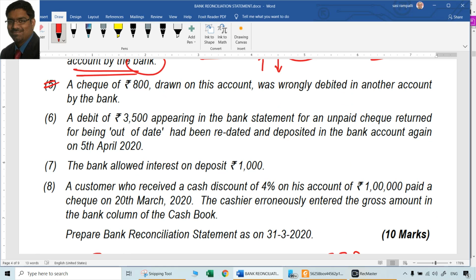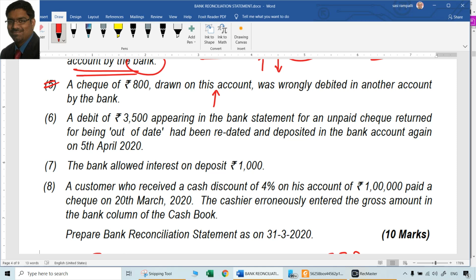A check for 800 rupees drawn on this account was wrongly debited in another account by the bank. It's a reverse of this. Drawn means we have issued a check from this account. Issued a check of 800. What the bank is supposed to do, they should have debited this account, but they debited another account by mistake. So because of this also passbook balance is higher, because bank has not debited 800 rupees to this account, which should have been done.